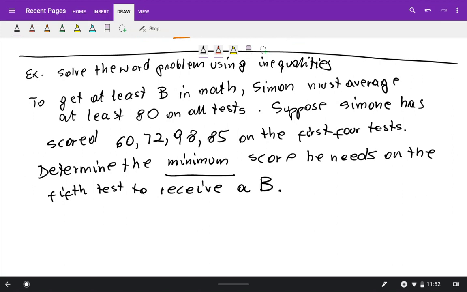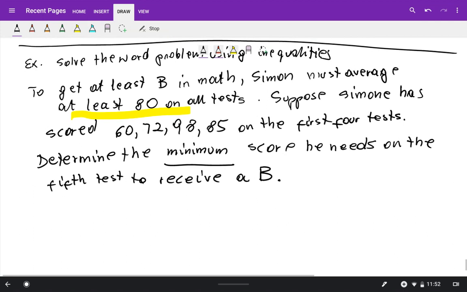He got 60, 72, 98, 85. And the question is what he has to get from the fifth test, which we may think of as the final test, to reach that at least 80, and to receive B.